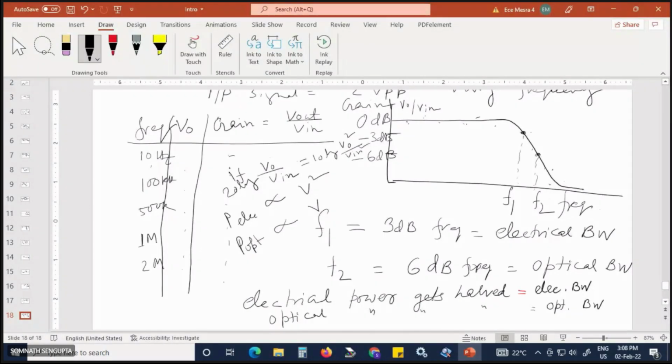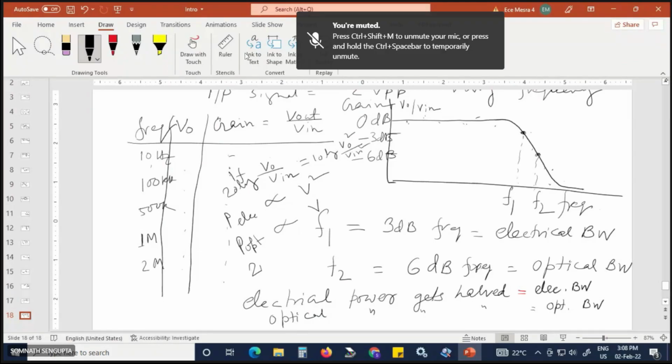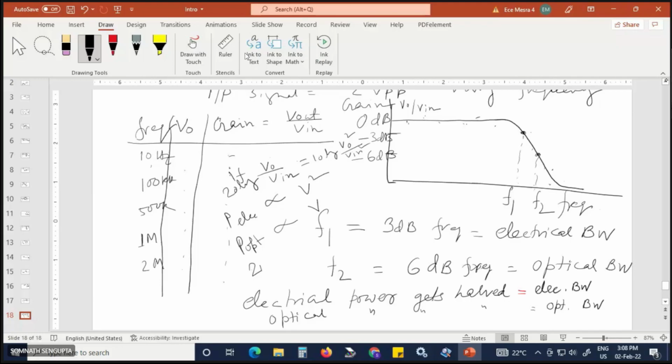So when this ratio, 20 log of P optical output and P optical input, which is not electrical output, is optical output and optical input, that time it is half.